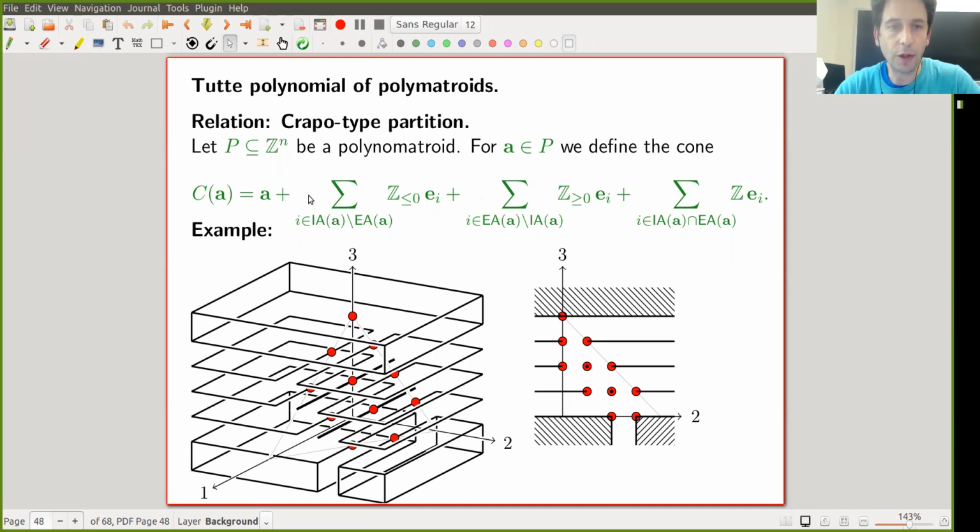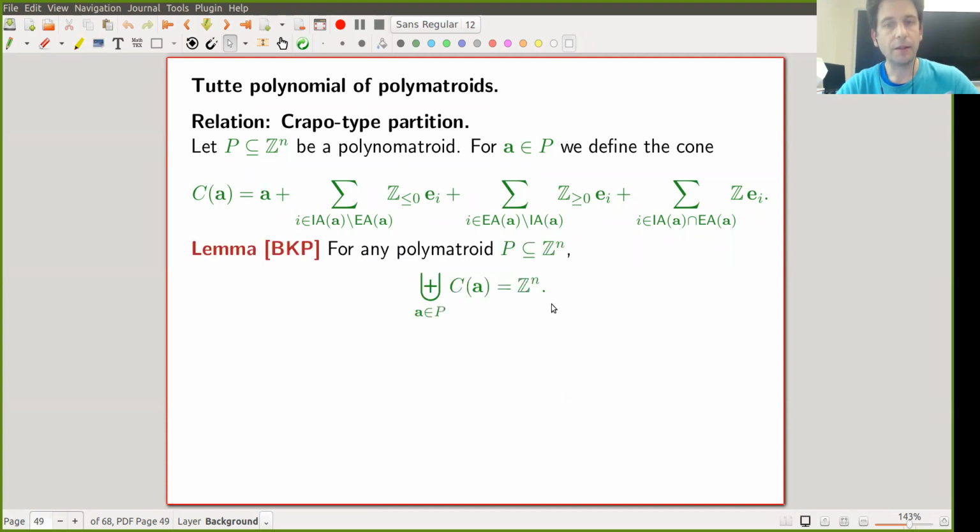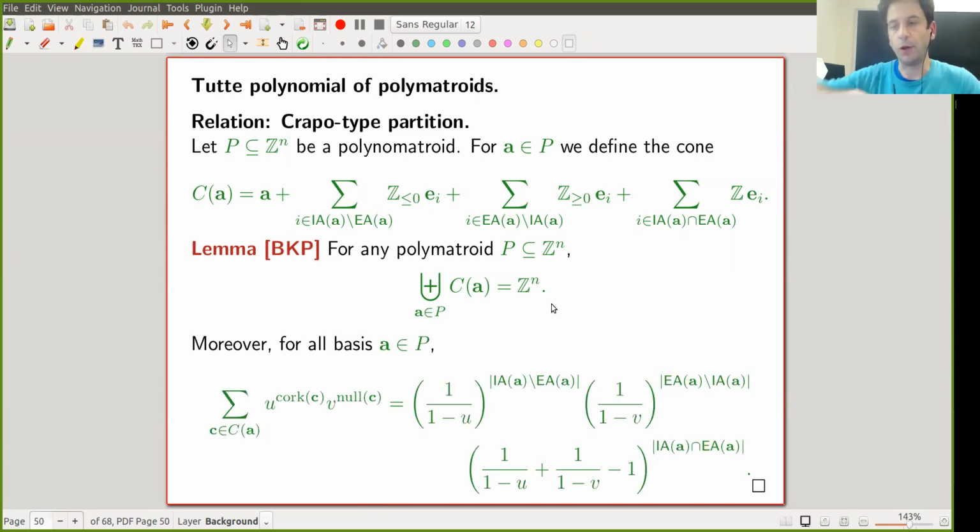And you associate like that a cone to each element of your basis, and the claim is that these form a proper partition of the lattice Z^n, and that the contribution of this set of points associated to your basis is the contribution of your basis if you replace x and y by 1 over 1 minus u or 1 over 1 minus v.